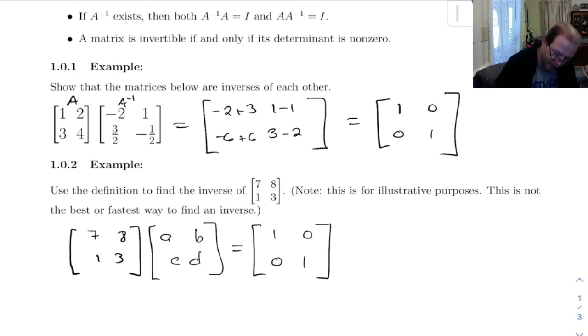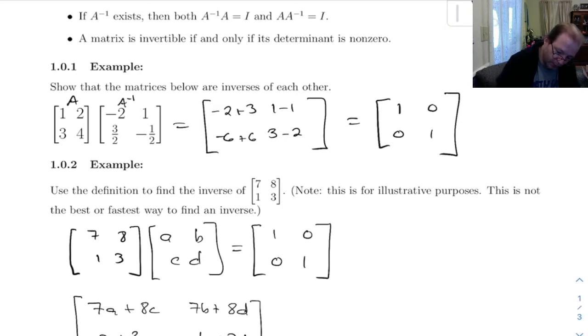So when I multiply this out, we're going to get 7a plus 8c, and then we'll get 7b plus 8d. And then downstairs we get a plus 3c. And then we get b plus 3d.